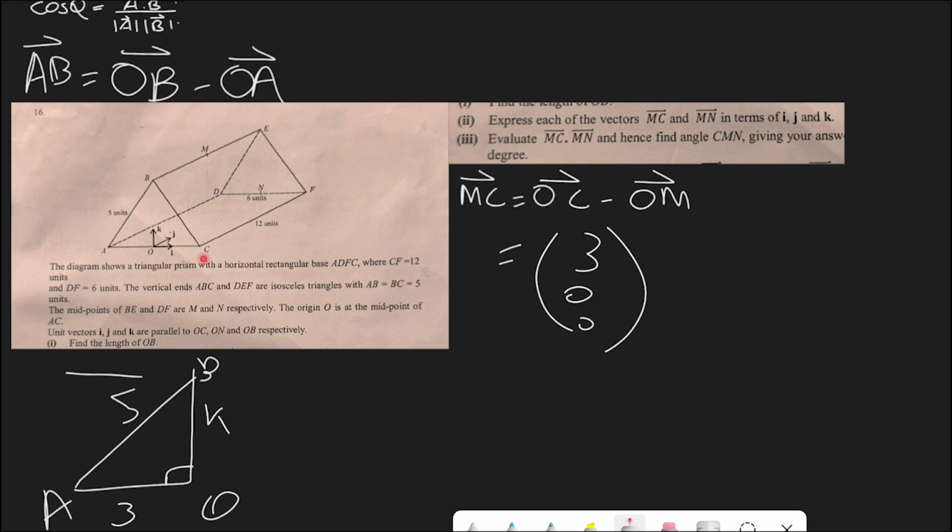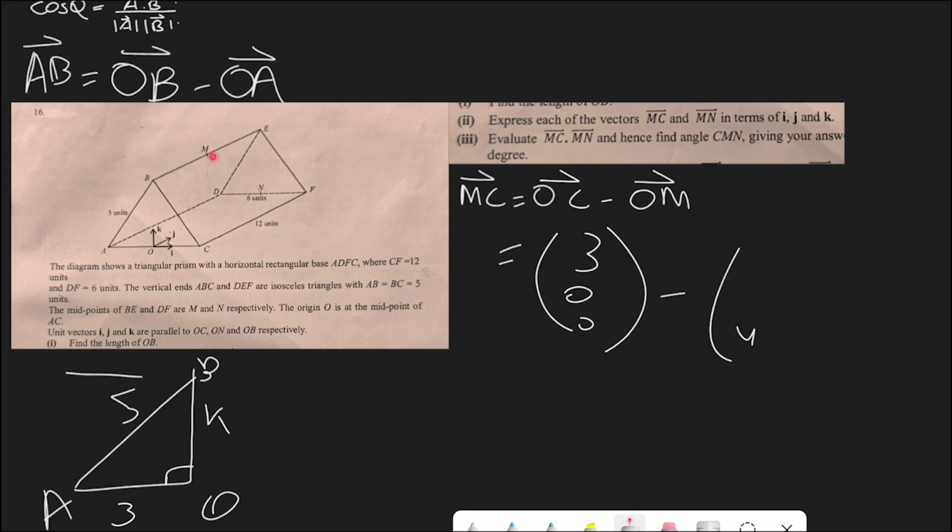Next is OM. OM can be determined by first traveling from O to M. First we travel to B, that is 4k, so we write 4 in the k place. Then we go to M, that is j units in this direction.